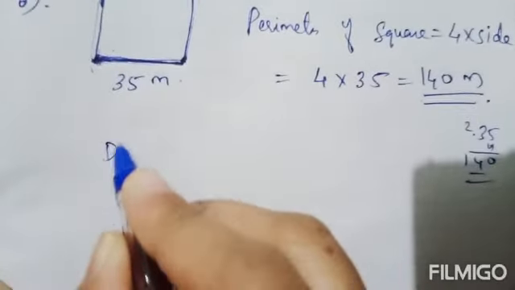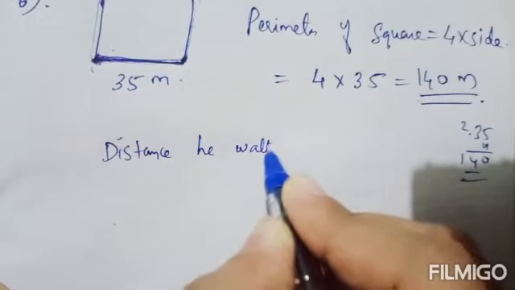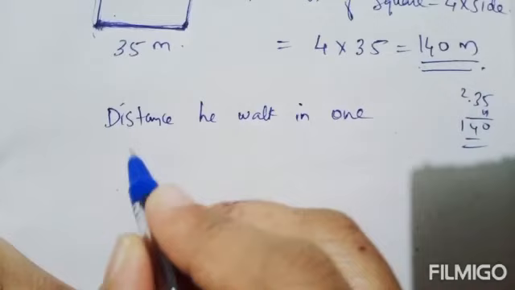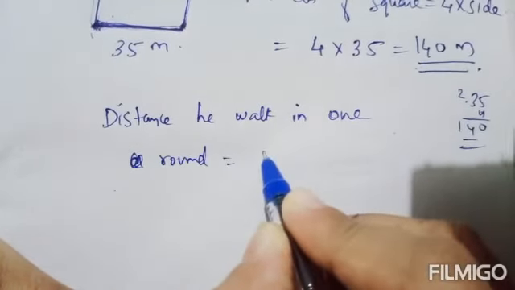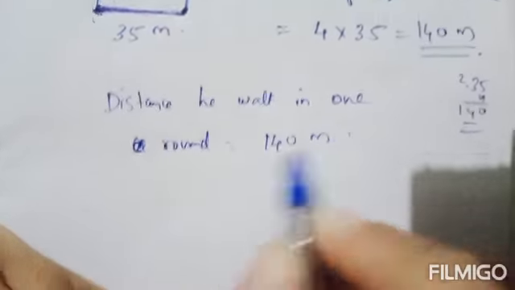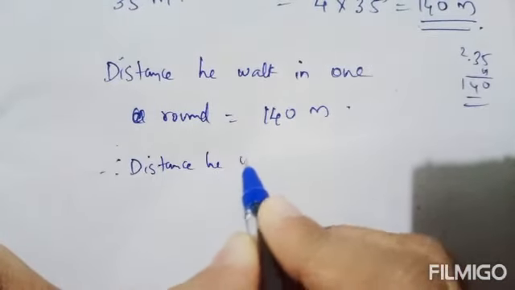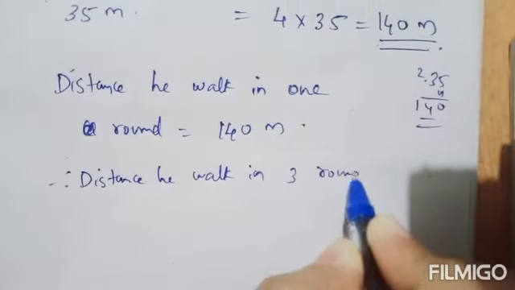So the distance he walked in 1 round is equal to 140 meter. Therefore, how can you find the distance he walks in 3 rounds?